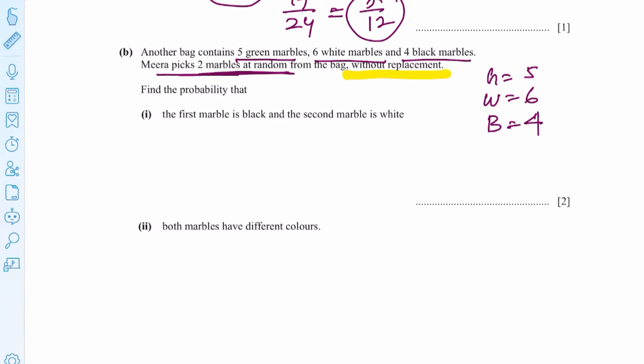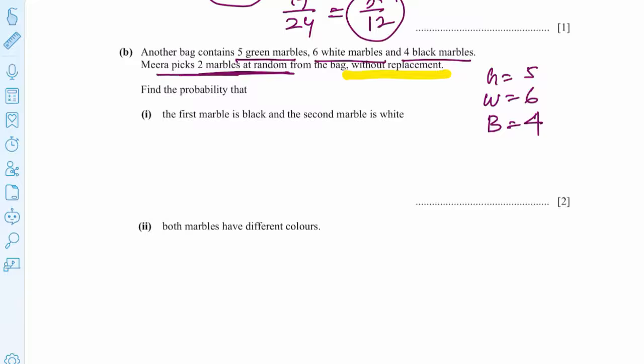What does without replacement mean? If you put your hand inside the bag the first time, you check what color it is and keep it outside. The second time you put your hand inside the bag, the number of marbles will be less, by 1, because you have already taken 1 outside.